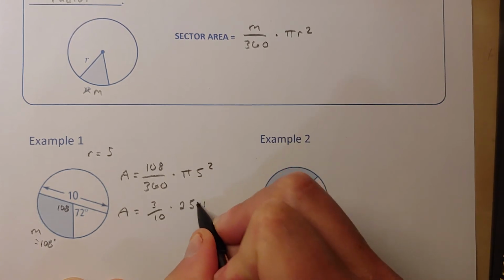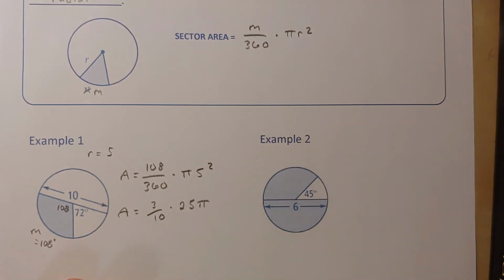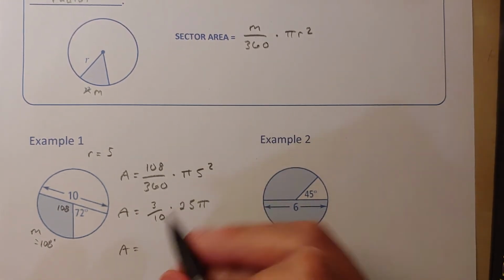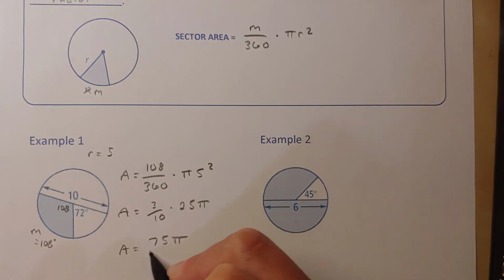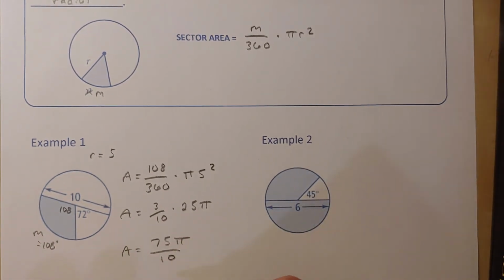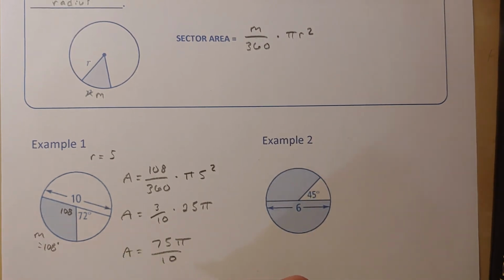And of course here we have 5 squared is 25, so we have 25 pi. So 3/10 times 25 pi would become 75 pi over 10. And simplifying that, divide both of those by 5, and we would get 15 pi over 2.